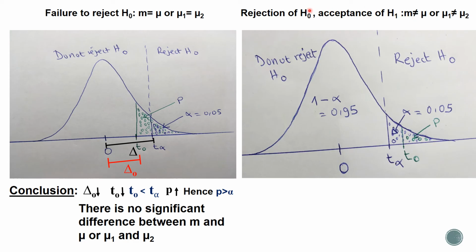Then our alternative hypothesis would have been that since we said this is less than this, then this would either be greater than or equal to this. But that's why I was saying superiority, inferiority, or whatsoever test, it depends on the objective of the test or the study that we are doing.